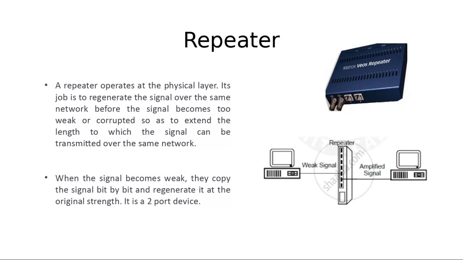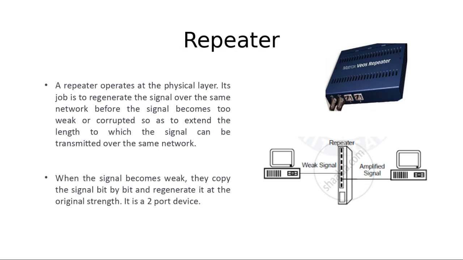Okay, next we come to repeater. All of these are hardware devices. I think some of you must have seen these also. Now, what is a repeater? Basically, its job is to regenerate the signal over the same network.